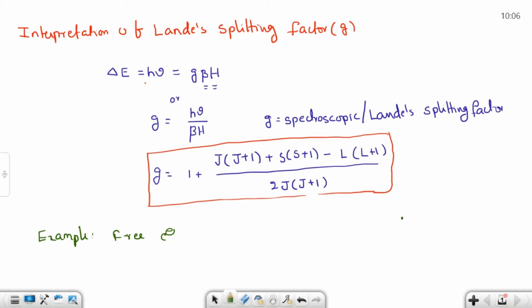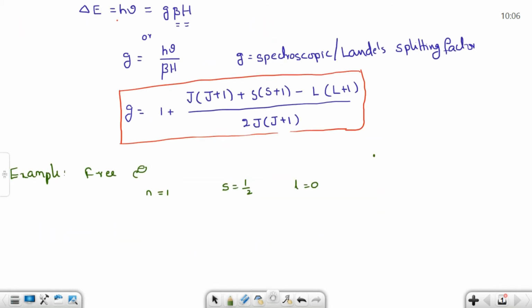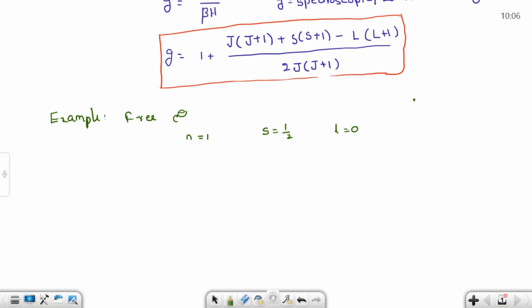When you take a single electron, the number of electrons n is equal to 1, where S is equal to 1 by 2, because the spin value of an electron is 1 by 2. So the total spin is also 1 by 2, and for a single electron L is equal to 0. Now we are going to substitute these values into the above mentioned equation.